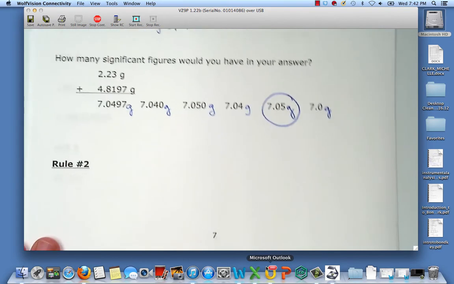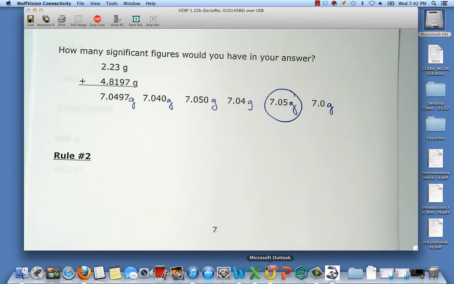This rule, rule number 2, deals with addition or subtraction.